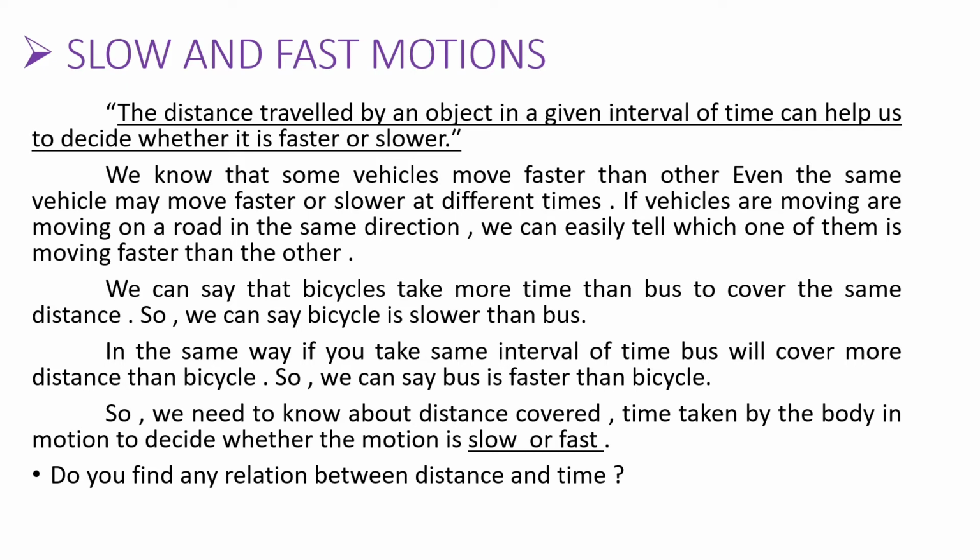We know that some vehicles move faster than others. Even the same vehicle may move faster or slower at different times. If vehicles are moving on a road in the same direction, we can easily tell which one of them is moving faster than the other.